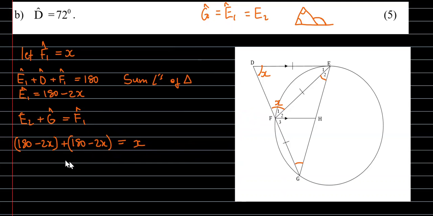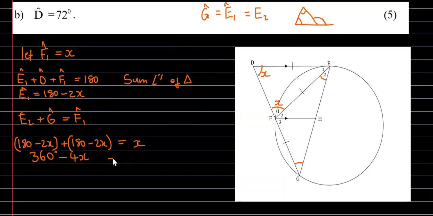So let's solve for x. Here we have 180 plus 180, then you'll get 360 degrees, right? Then here you have minus 2x, and also minus 2x, you'll get minus 4x, right?